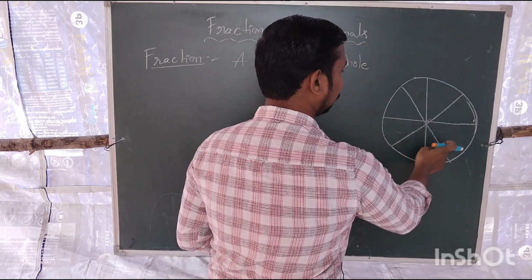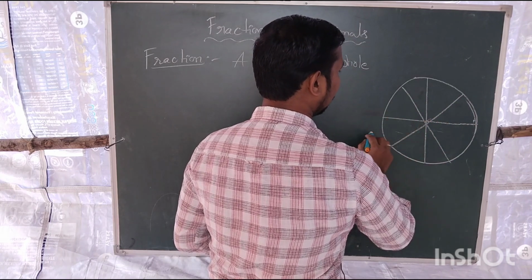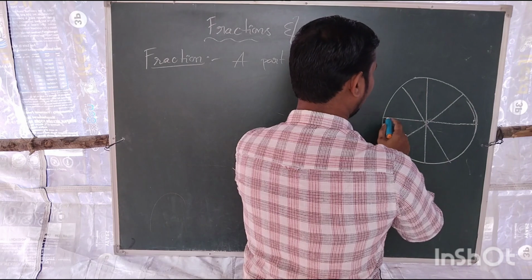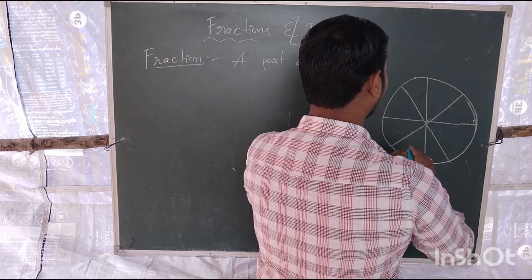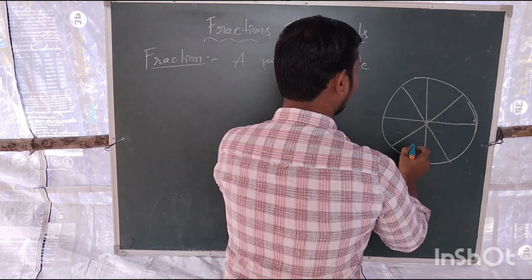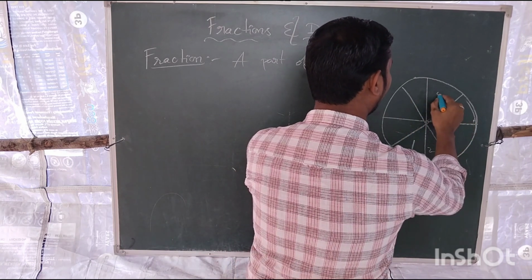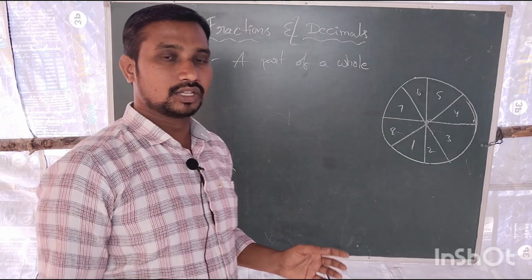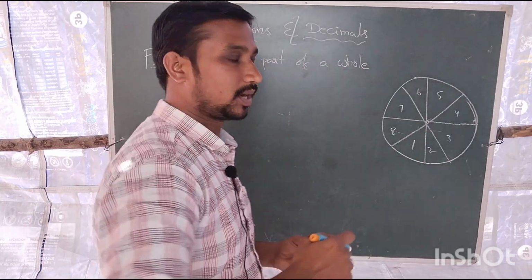Okay children, 1, 2, 3, 4, 5, 6, 7, 8 friends. 8 parts you have to divide. So each one gets one part of the cake.